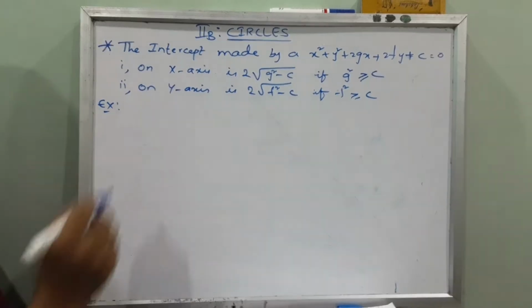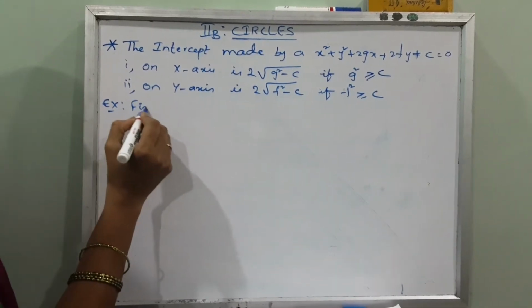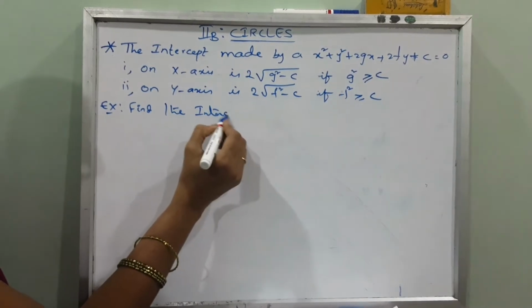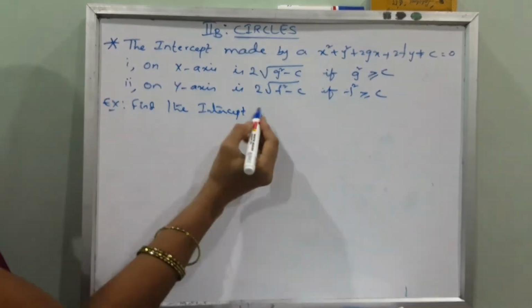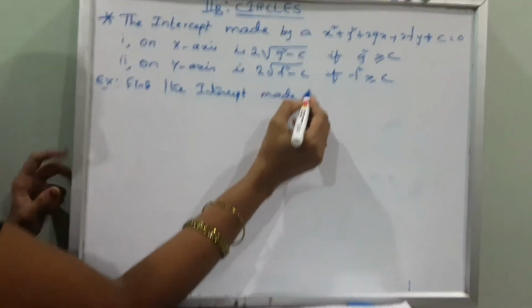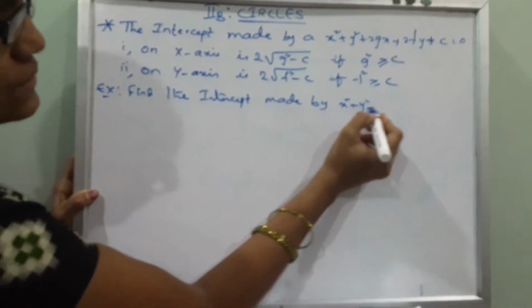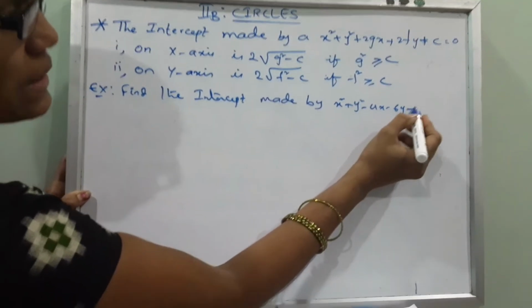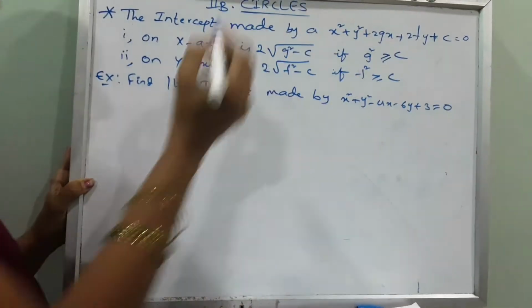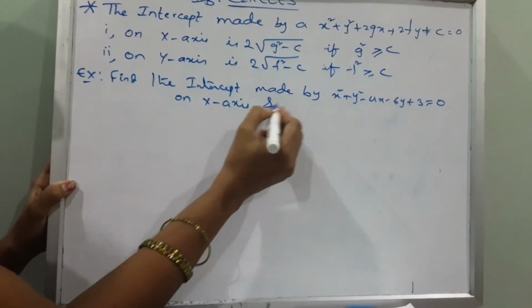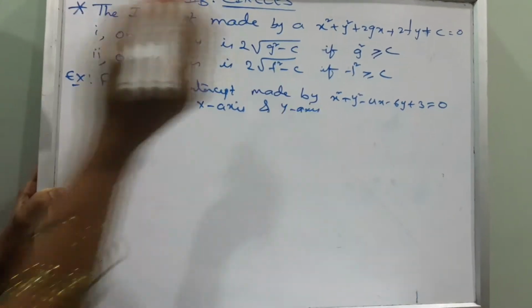For example, find the intercept made by x square plus y square minus 4x minus 6y plus 3 is equal to 0 on x-axis and y-axis.